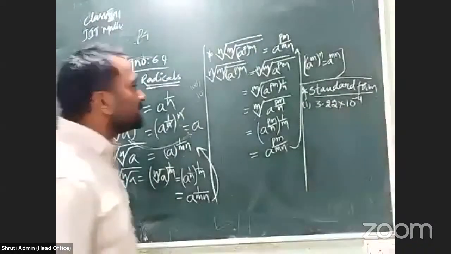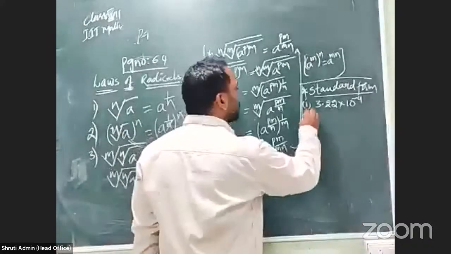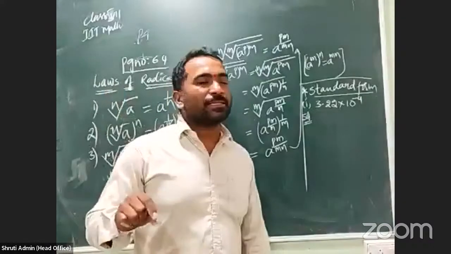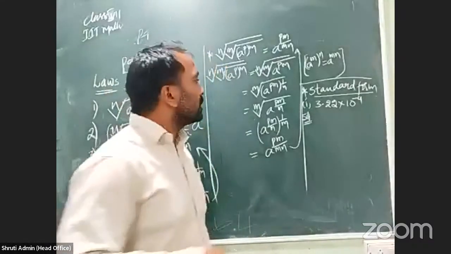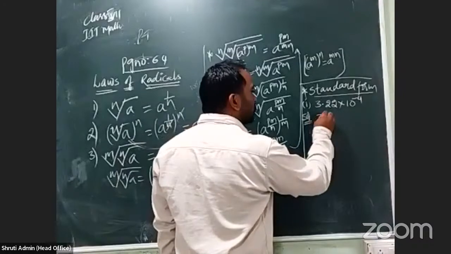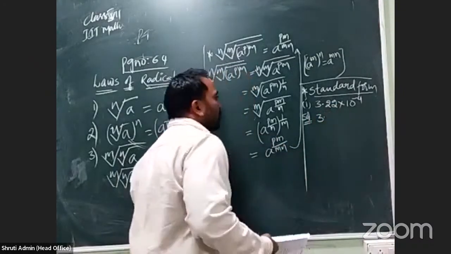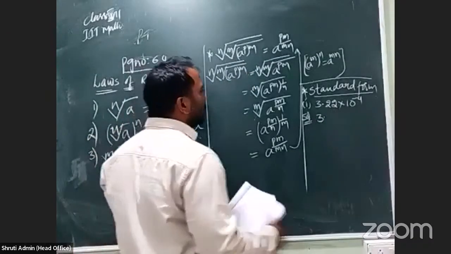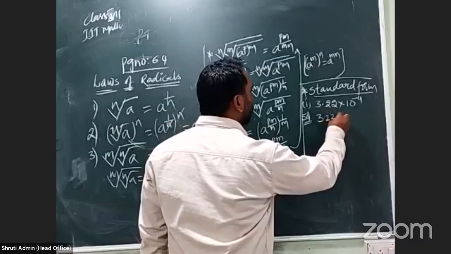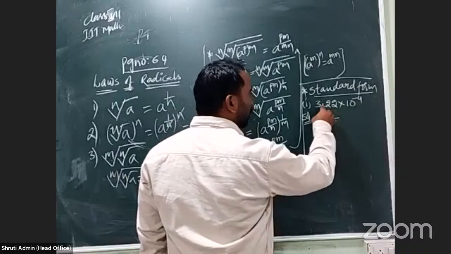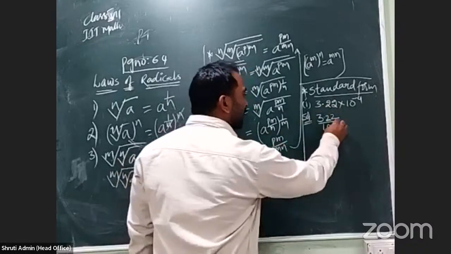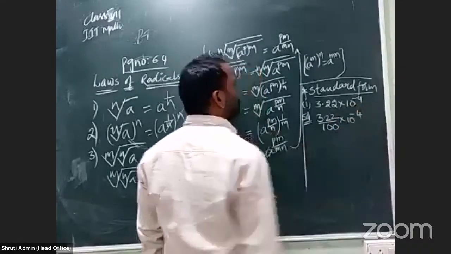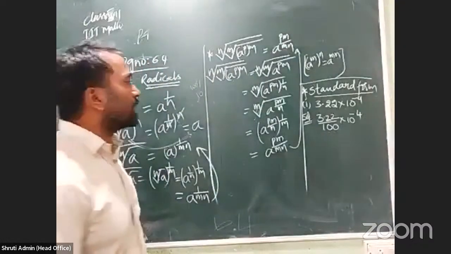Right? So what is the standard form we can write? See, 3.22 into 10 power minus 4. How to write in standard form or decimal form? So just say 3.22 I can write as 322 by 100, because there are 2 digits after the point, so I can write by 100, into 10 to the power of minus 4.